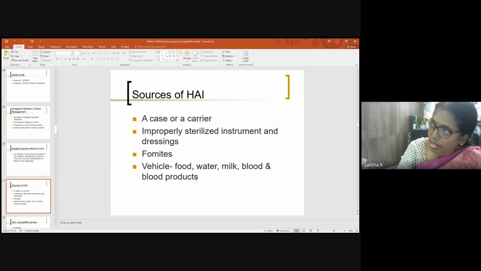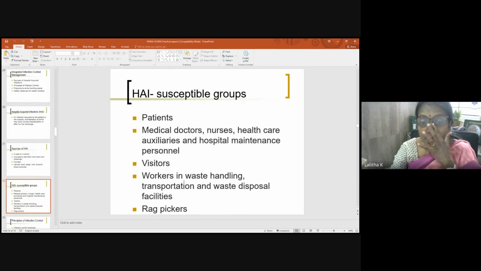Where could the sources of hospital acquired infection be? It could be a case or a carrier, or it could be from improperly sterilized instruments and dressing, or some improper procedure itself, fomites, or from vehicles like food, water, milk, blood, and blood products. Who are susceptible? The most susceptible ones are patients, of course, because they are already immunocompromised for some reasons.